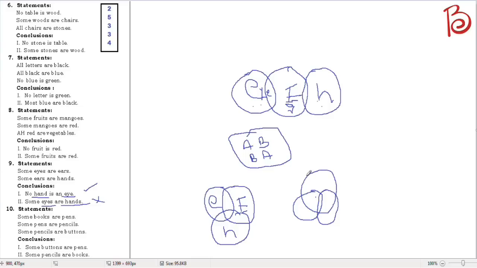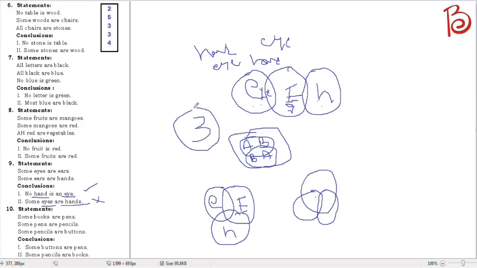Here, when you have both AB and BA, if you're going to have the same word, that is and I, or I and the same word, then 95% the option will be third.